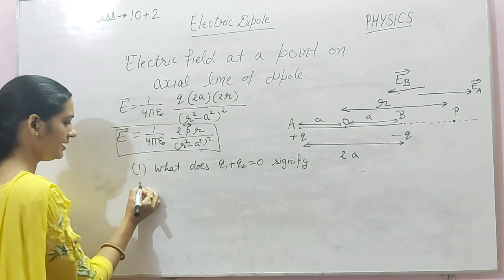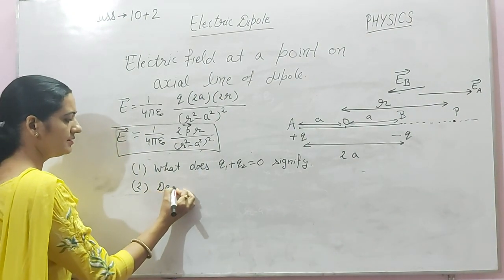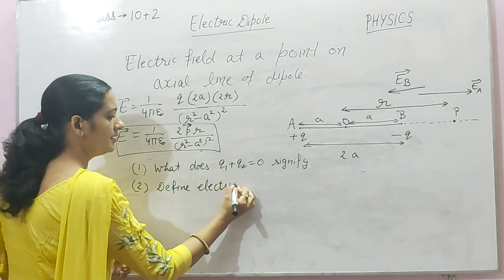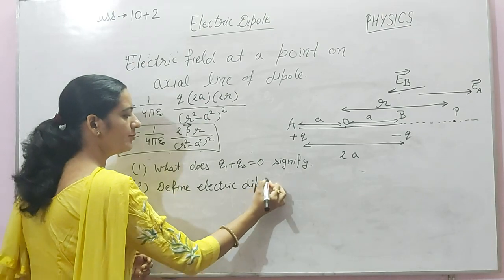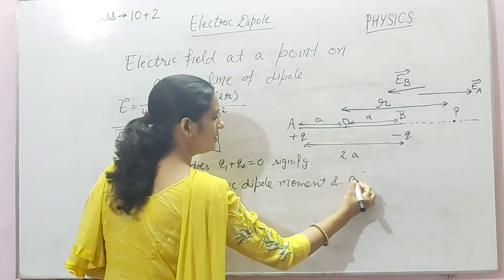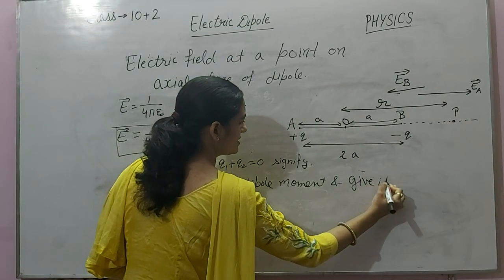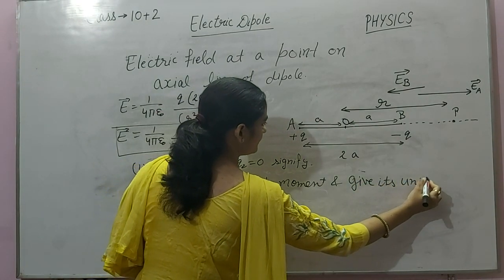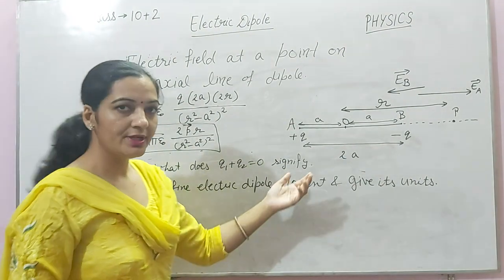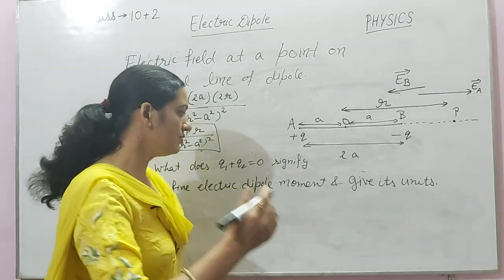Second one is define electric dipole moment and give its units. Dipole moment you have done. Units, how can you find its units?